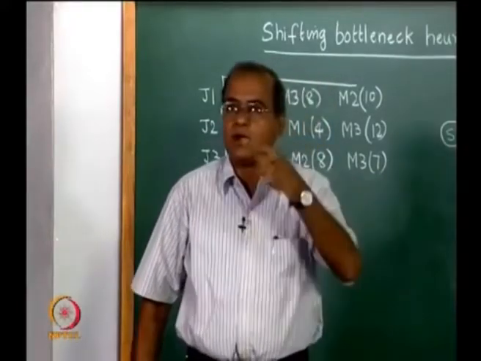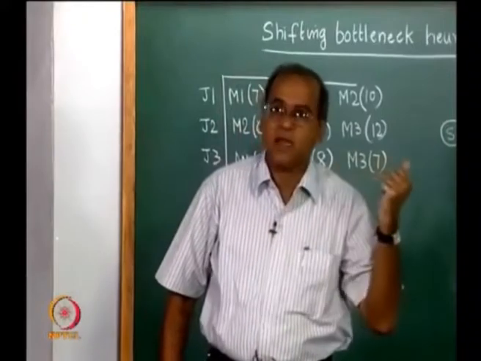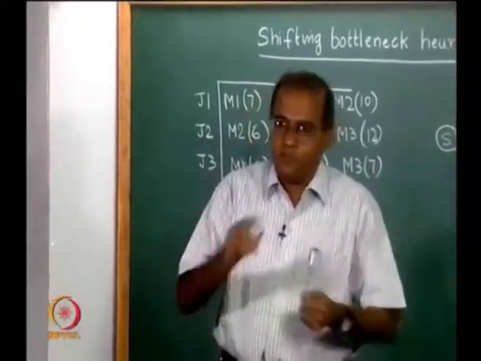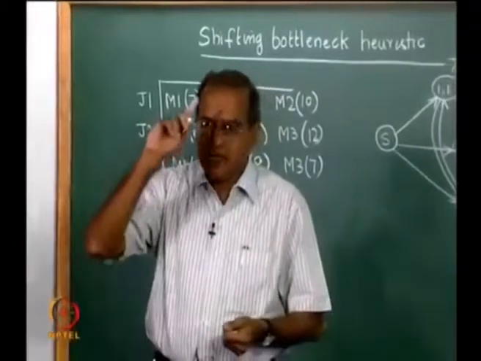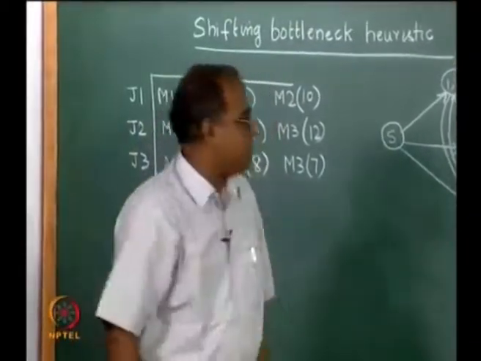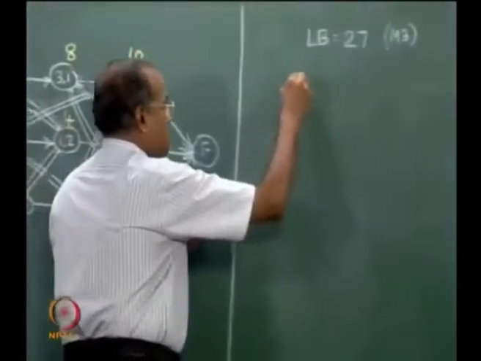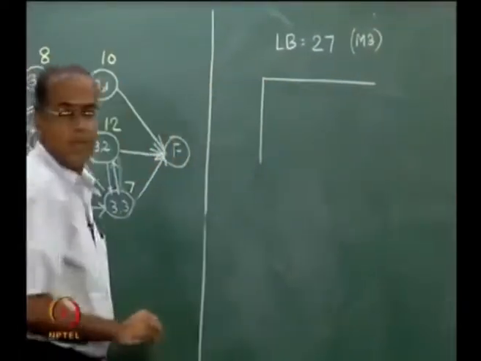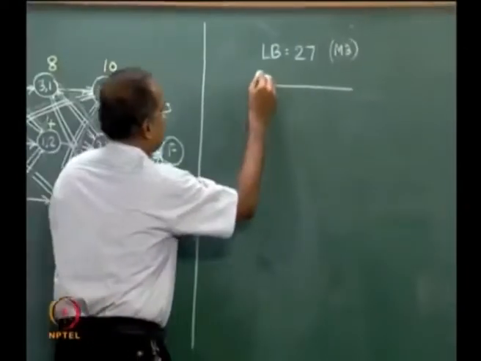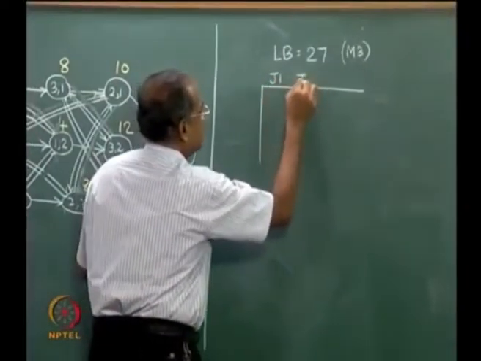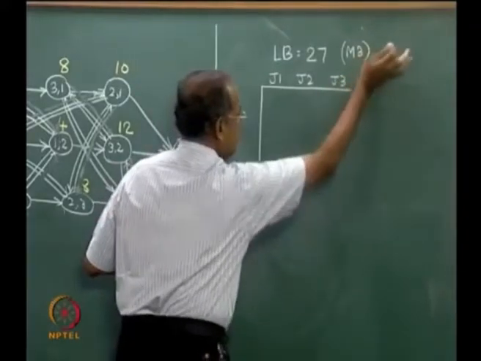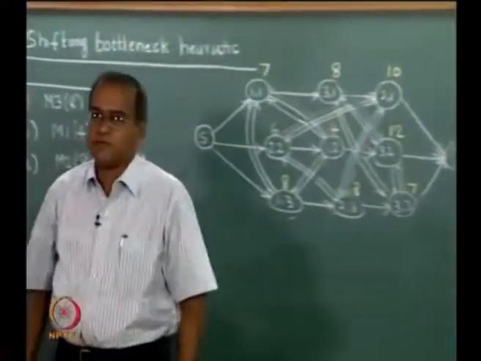Now, we apply the 1|rj|Lmax algorithm on machine M3 and try to look at the jobs with machine M3 as the bottleneck machine. So, let us now write the 1|rj|Lmax data for machine M3 with J1, J2, J3, because we have only 3 jobs.